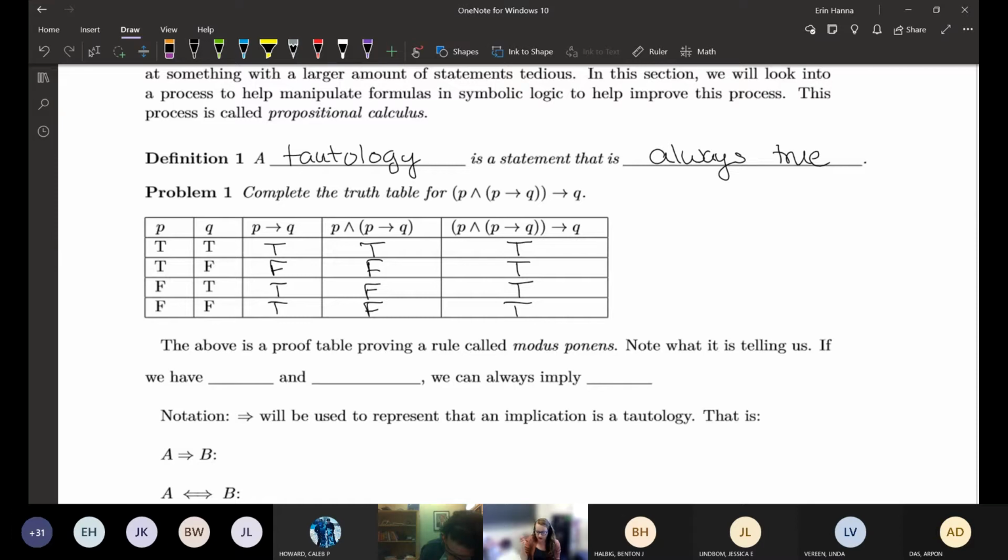And actually, we can call these truth tables proof tables sometimes. So the above proof table is modeling a rule that we're going to look at in a second called modus ponens.